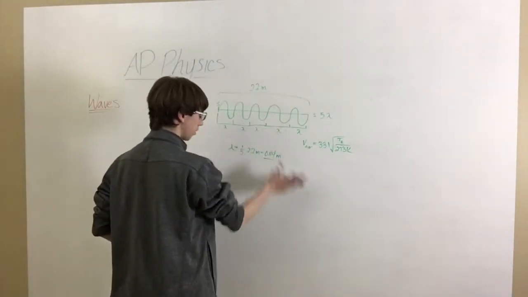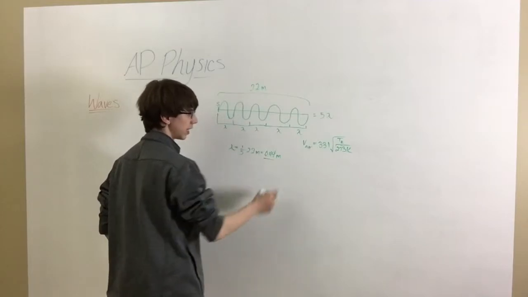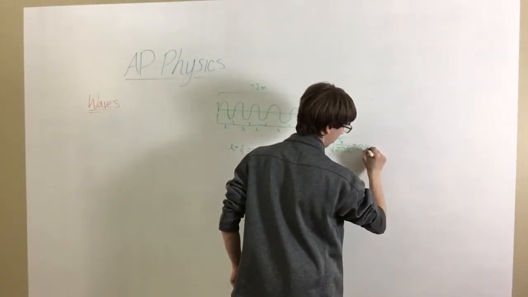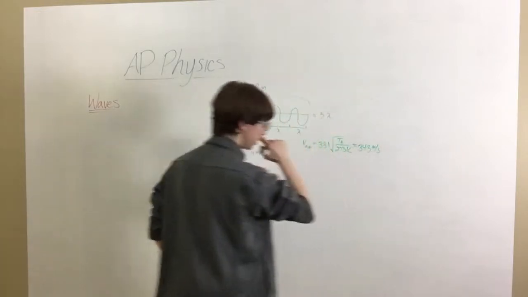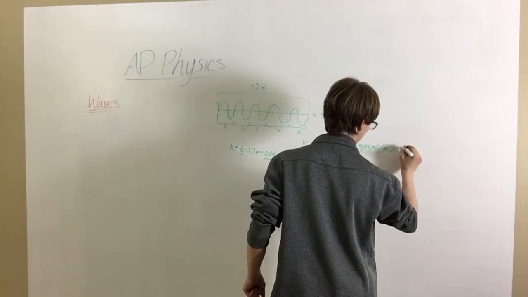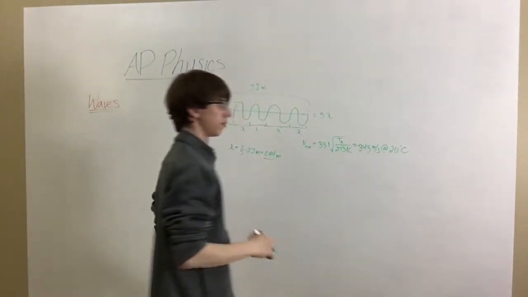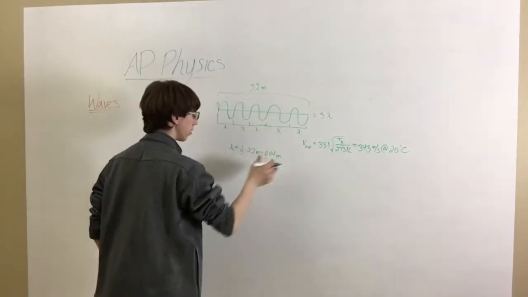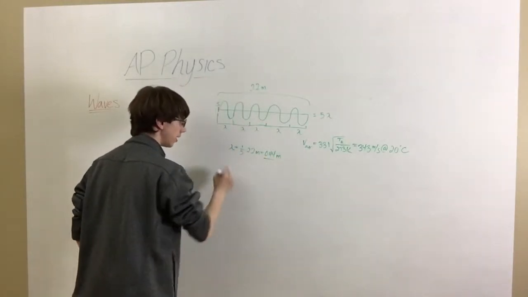So what we're going to do now is, since we know the velocity at room temperature is 343 meters per second at 20 degrees Celsius, which we'll say is about room temperature, and we know the wavelength, what is the frequency?